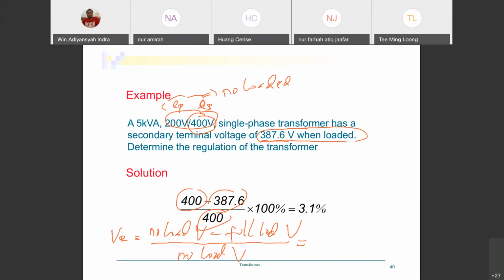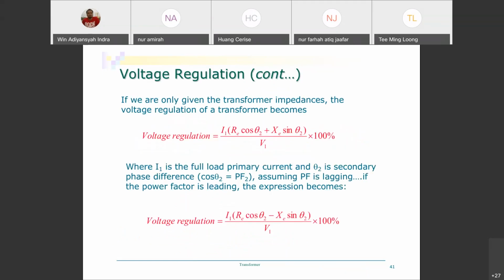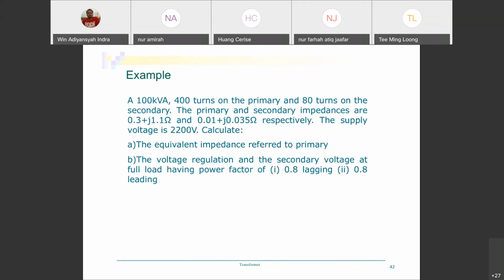Okay. Next, okay, this one. This kind of question, if you look at previous exams, is always there. So maybe you can be more focused on this one. Voltage regulation, where they only give the impedance instead of the voltage itself.